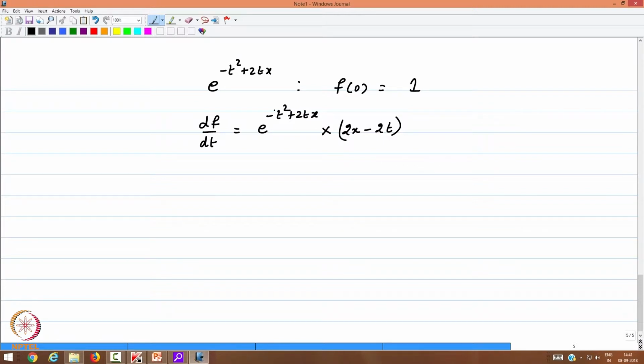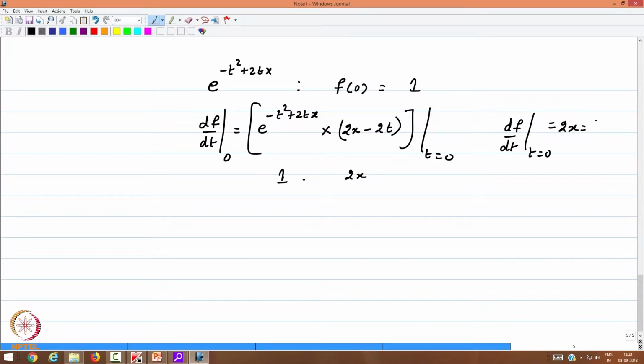And if you evaluate this at t is equal to 0, this becomes 1 and this becomes 2x. Therefore, df by dt evaluated at t is equal to 0 is 2x, and that is the first term h1 of x.